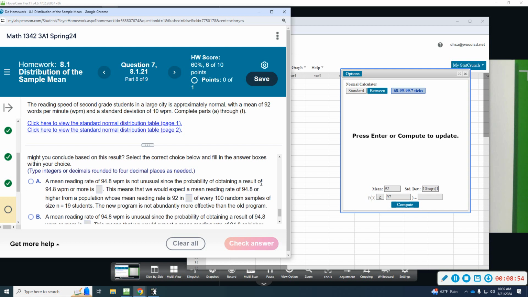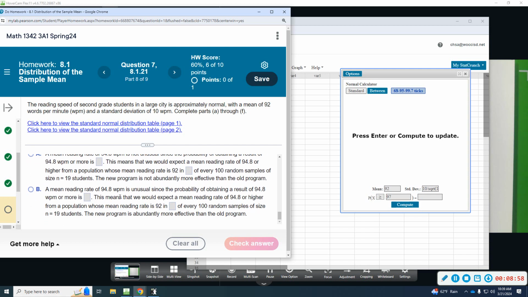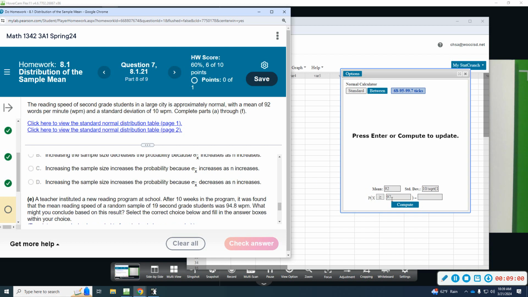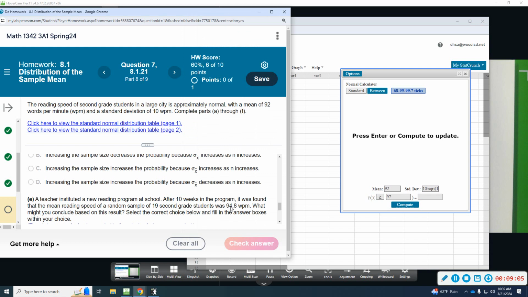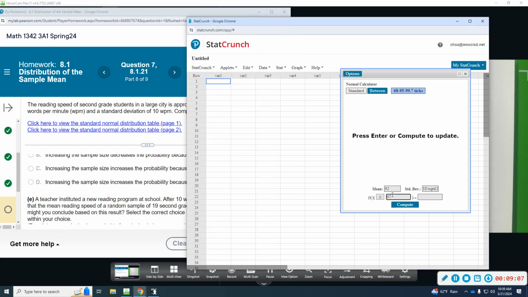So this says obtaining a result of 94.8 or more, and this one also says or more. So I want to find what's the chance that we would be 94.8 or more. So change this to 94.8 or higher.